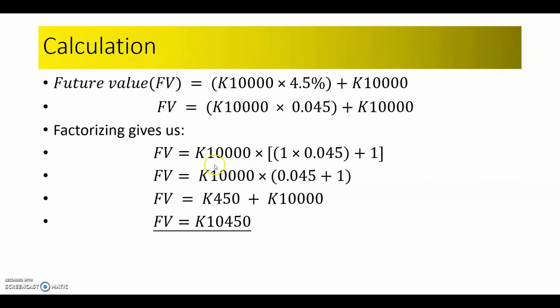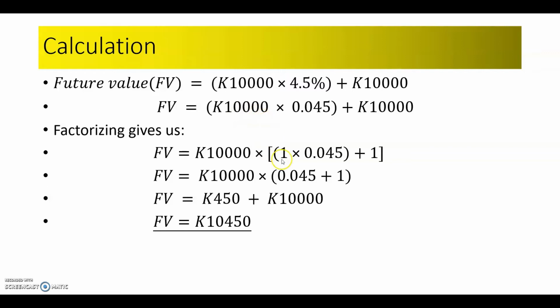Okay? Now, what I need to mention here is that the 10,000 kwacha is outside the brackets because it is common, as you can see in the second step. Even in the first one, it's there.